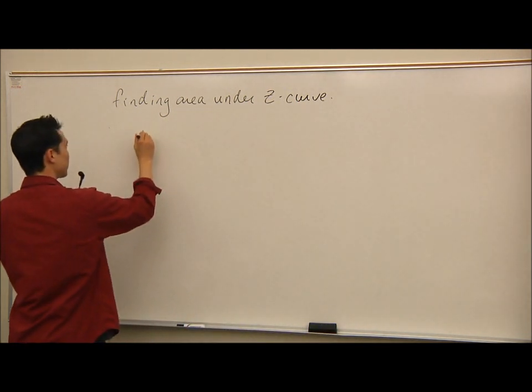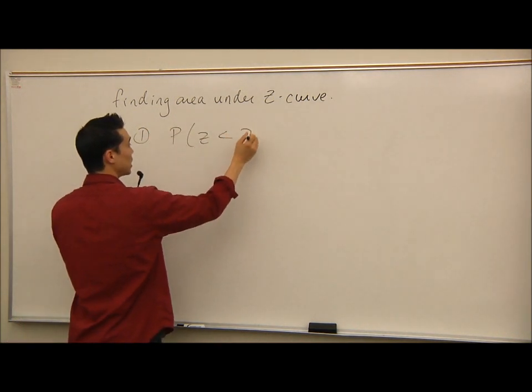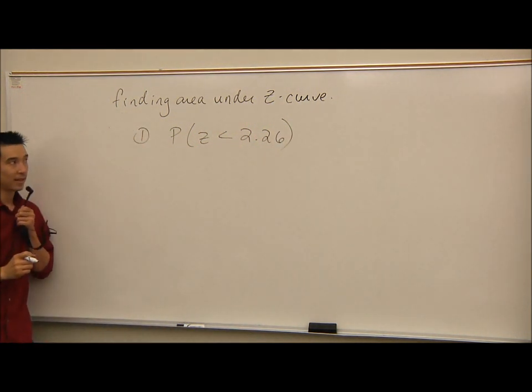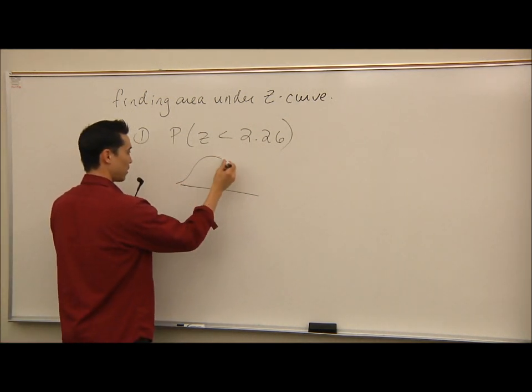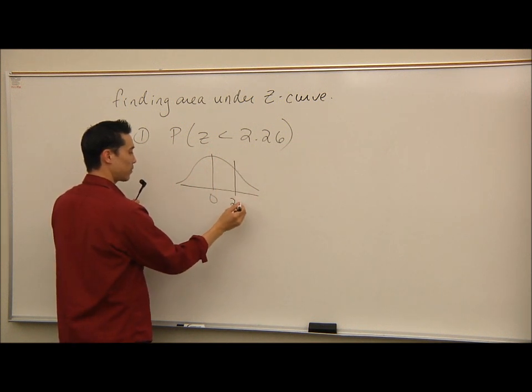All right, question number 1. What's the probability that z is less than 2.26? Right? What that should mean to you is I want the area to the left of 2.26. So draw a normal distribution. 0's in the middle. 2.26 is right here.